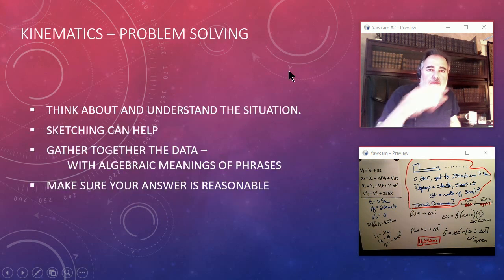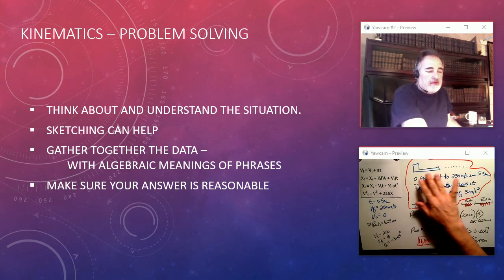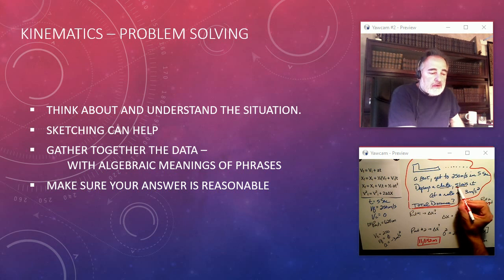When you're solving these type of problems, think about and try to understand the situation. Sketching it out would help. Gather the data, write down what you know, and look for the algebraic meaning of the phrases. I deploy a chute and it slows it down, so that's a deceleration.